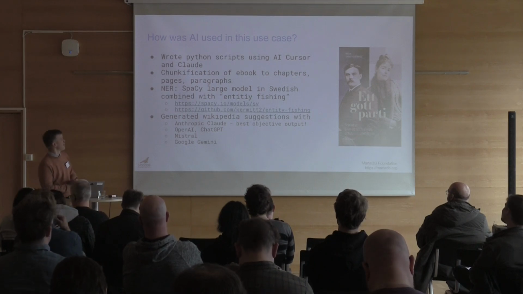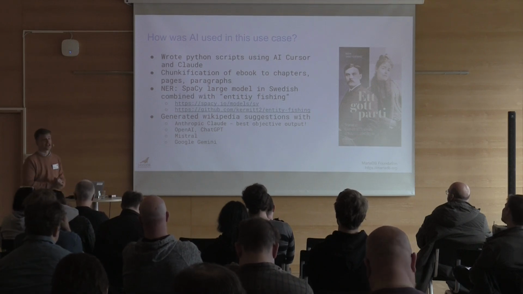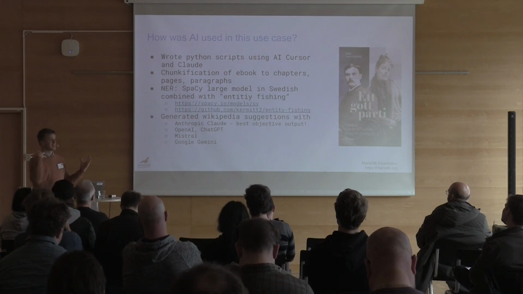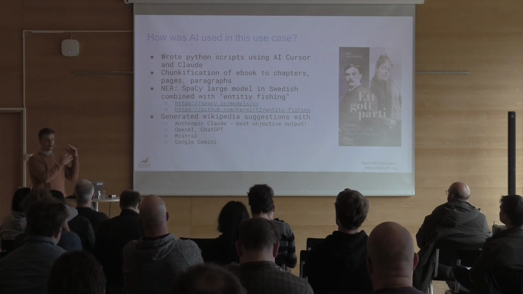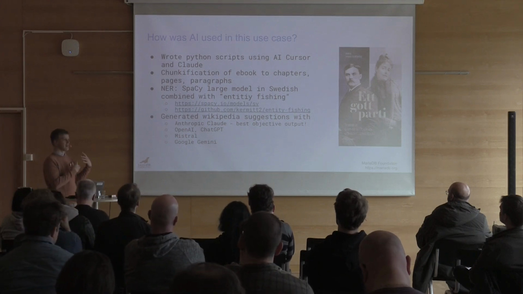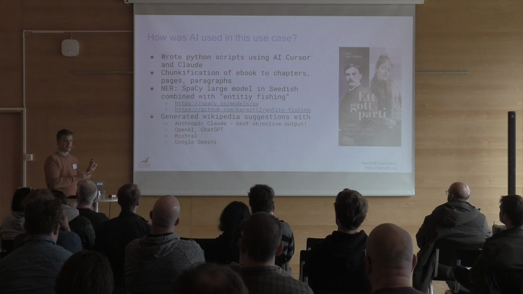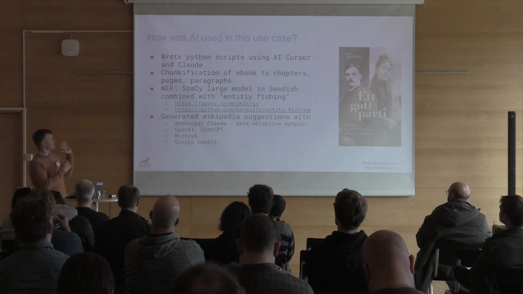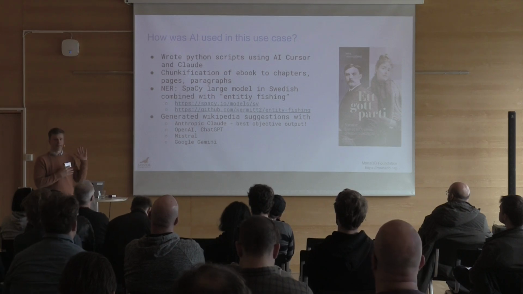The second point about how this was done: chunkification. When you're splitting the original source into smaller parts to analyze it, to vectorize it, you want to make smaller pieces so you can feed it in, saying, use this to generate a suggestion. So that chunkification is surprisingly important.